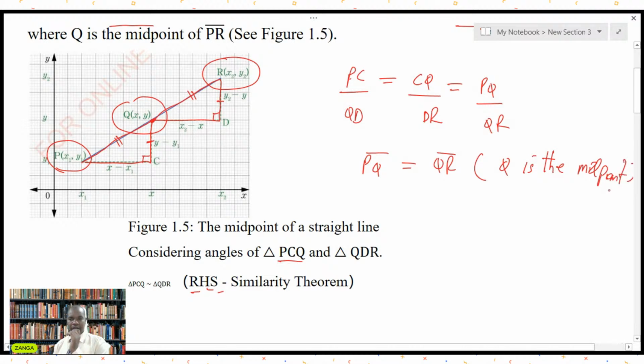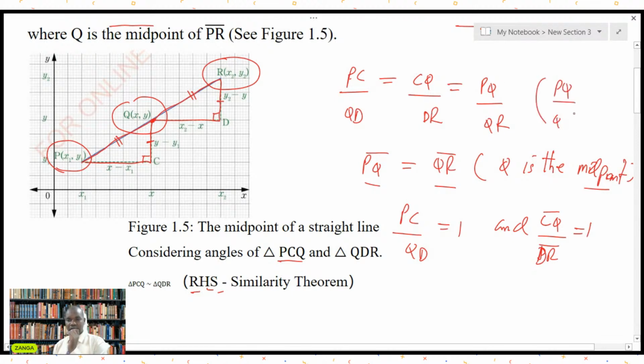And so if PQ equals QR, it means PC over QD is going to be equal to 1. And also CQ over DR is again equal to 1, and the reason is PQ over QR is going to be equal to 1.